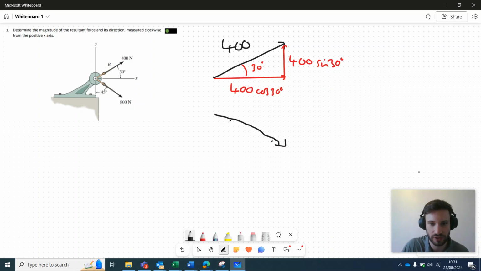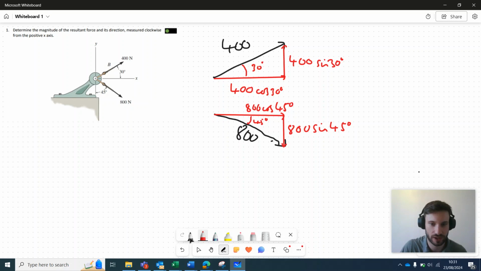We've got this, I apologize for my awful handwriting, 800 Newton force here. Its horizontal component might look like this, so that would be 800 cos 45. We can assume that this angle with the horizontal is 45, since the angle with the vertical is 45. And its vertical is 800 sine 45.